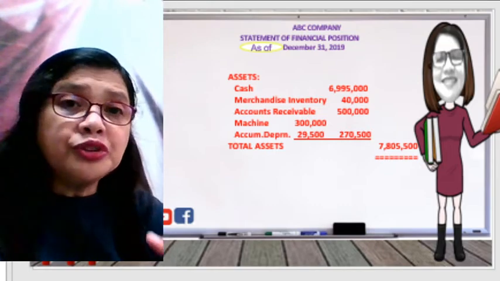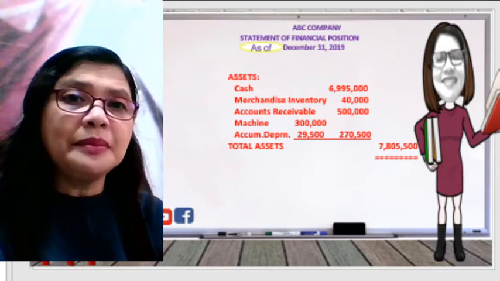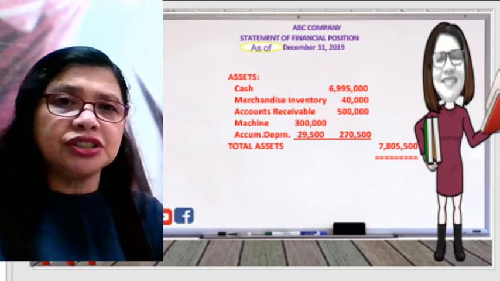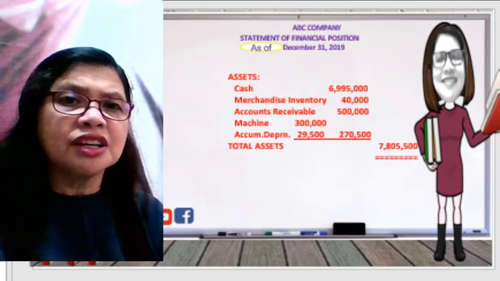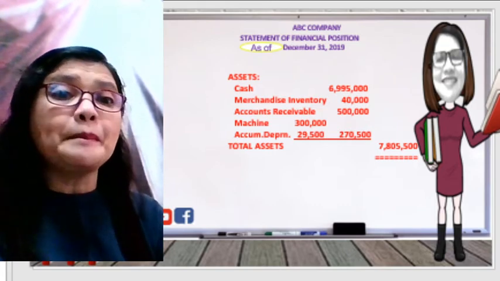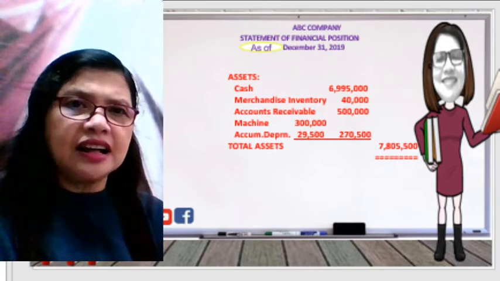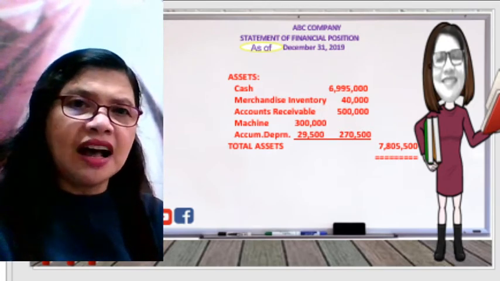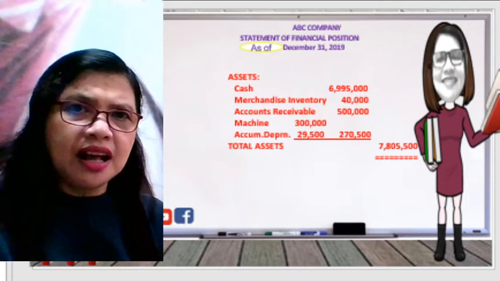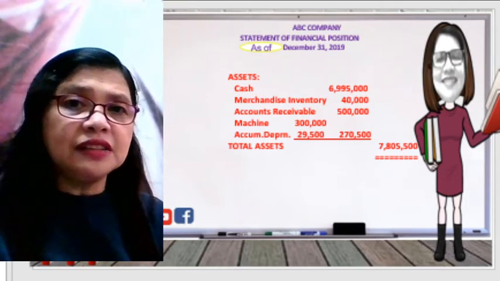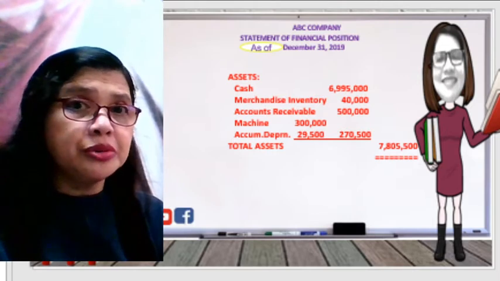Next, after preparing the comprehensive income, we are now ready to put the permanent accounts to your balance sheet or the statement of financial position. Again, what do we call these accounts? Yes, they are called the permanent accounts, or the real accounts. So it is composed of the assets, the following assets. In the merchandise inventory, what figure do you use?